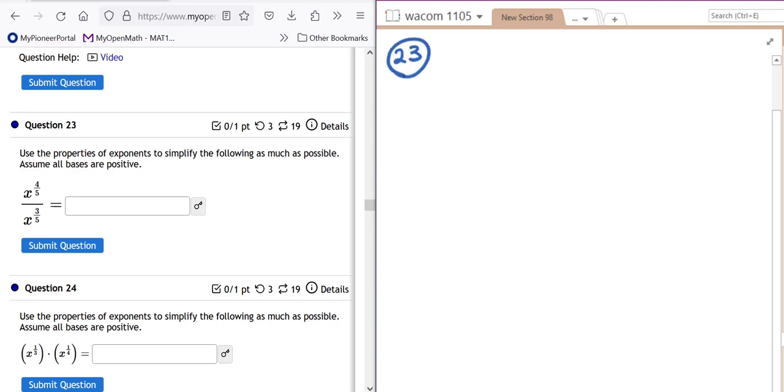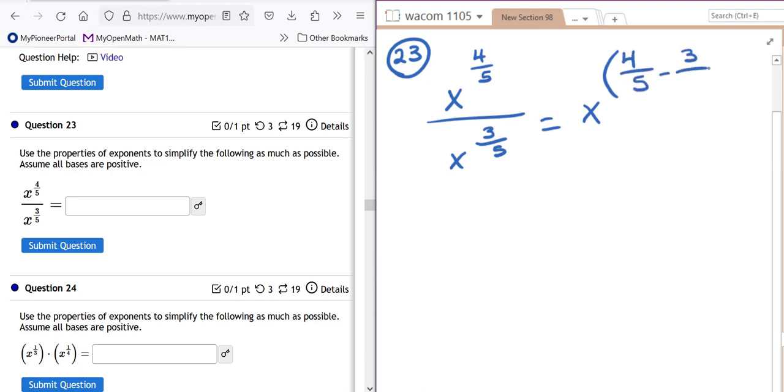So this is another one out of that same section, but it also reviews your exponent rules. Okay, so we have something with fractional exponents here. And your rule is keep the base and subtract the exponents.